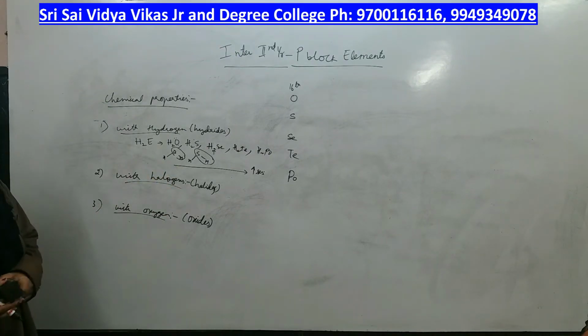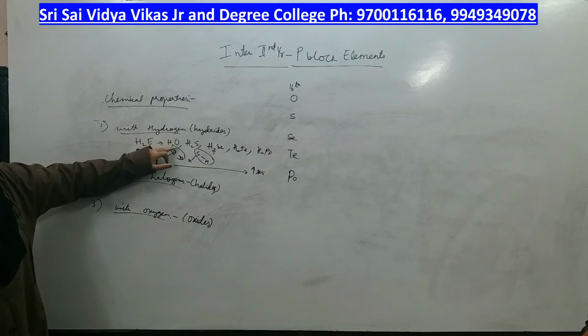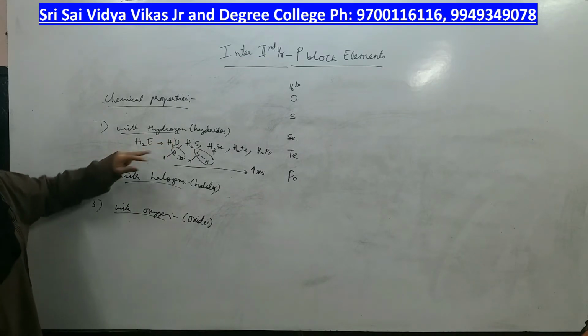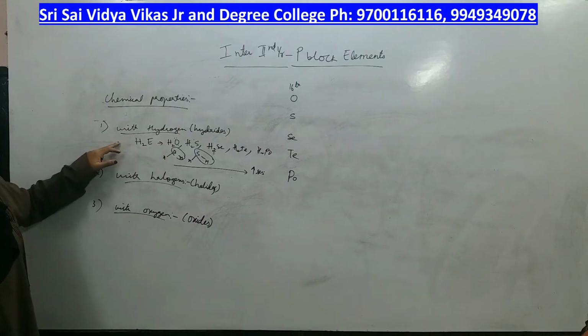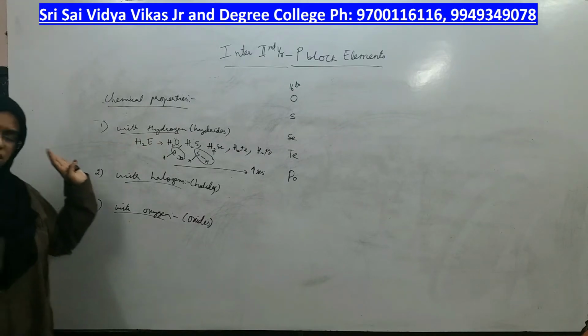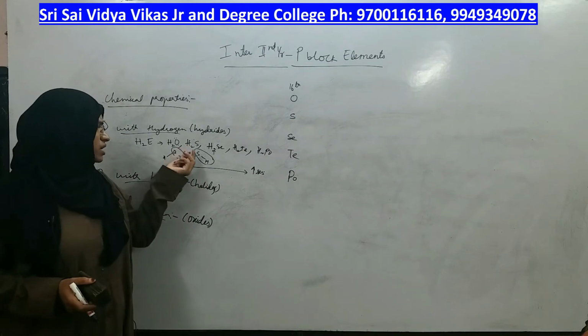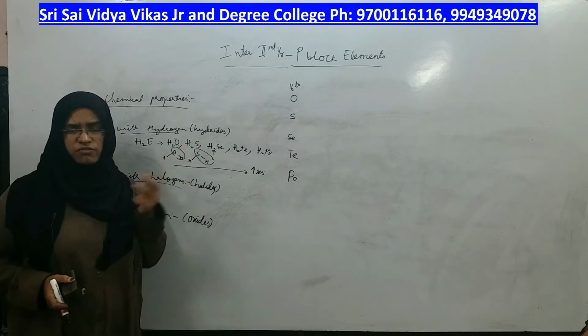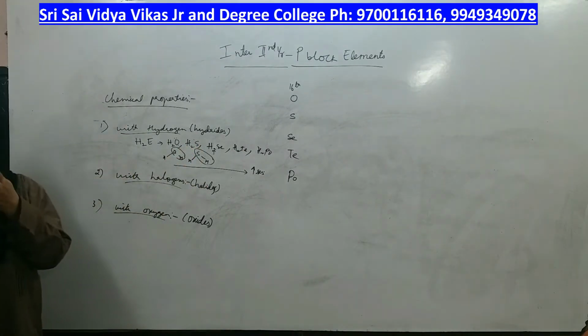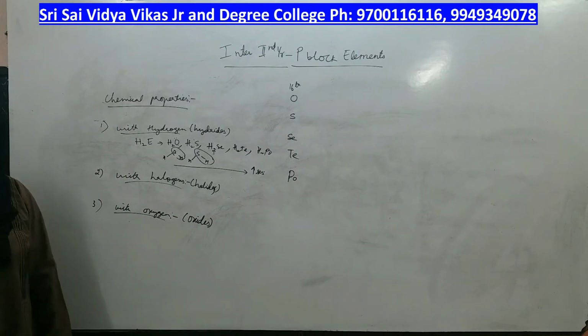That was about hydrides. Because of the electronegative nature of oxygen only, it can form hydrogen bonding with other elements. Hydrogen bonding of oxygen we have already seen, right? But sulfur, even though it is from the same group, will not show hydrogen bonding with others. Only oxygen can show hydrogen bonding with others.